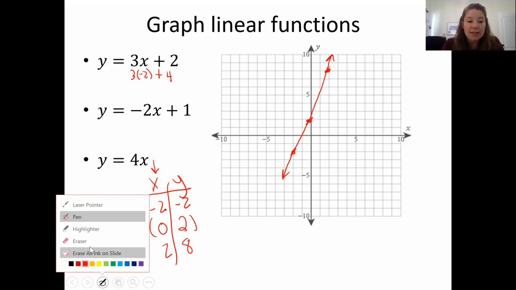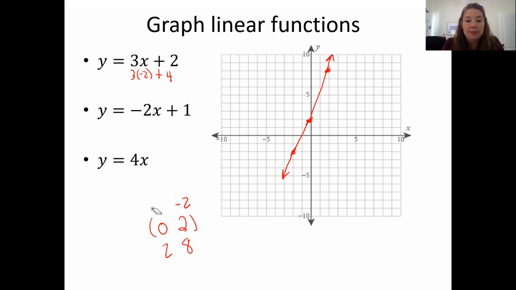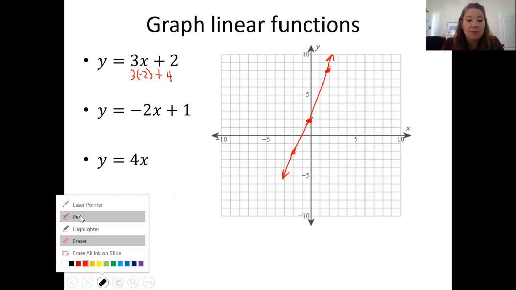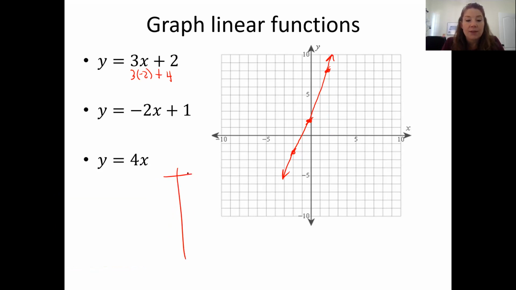All right, let's do another one. Let's do the second one. We're going to make another T-chart. I'm going to do the same x values. I'm going to plug in for x. -2 times -2 is +4, and 4 plus 1 is 5. So I'm going to go left 2, up 5. Then x equals 0.